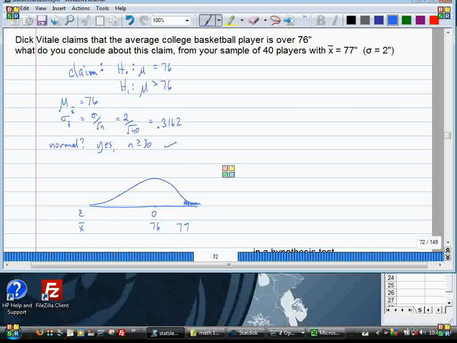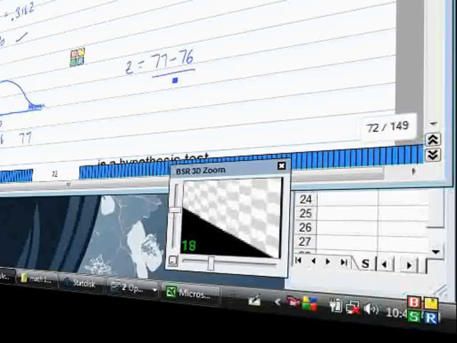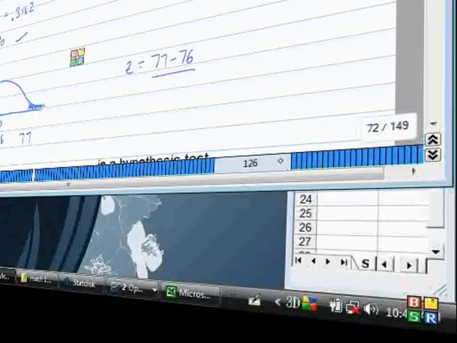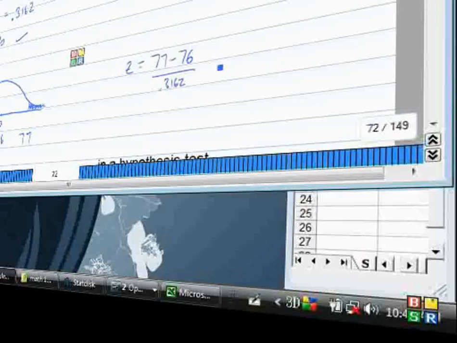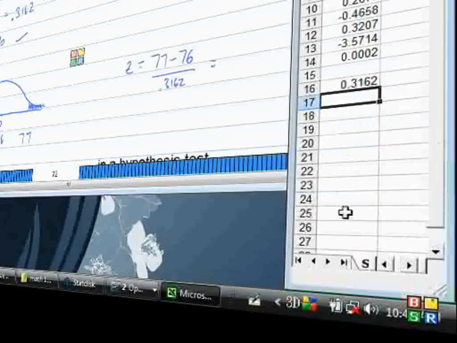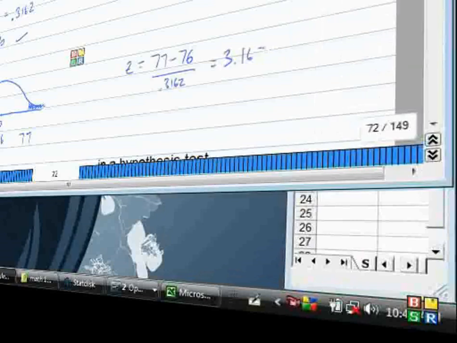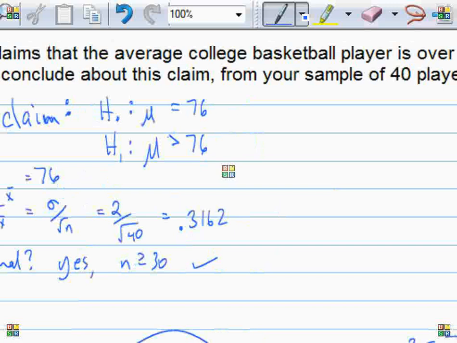Okay. So now what do we do? Now we find the z-score. So 77 minus 76 divided by 0.3162. And that is 1 over 0.3162. That gives you 3.1626. So that's the z-score.